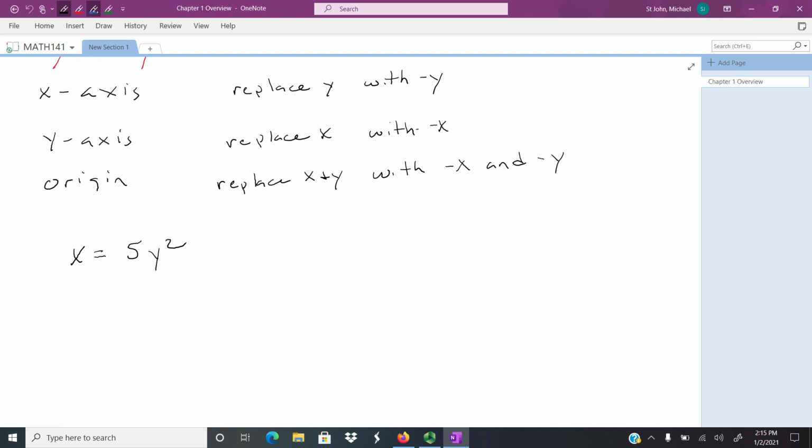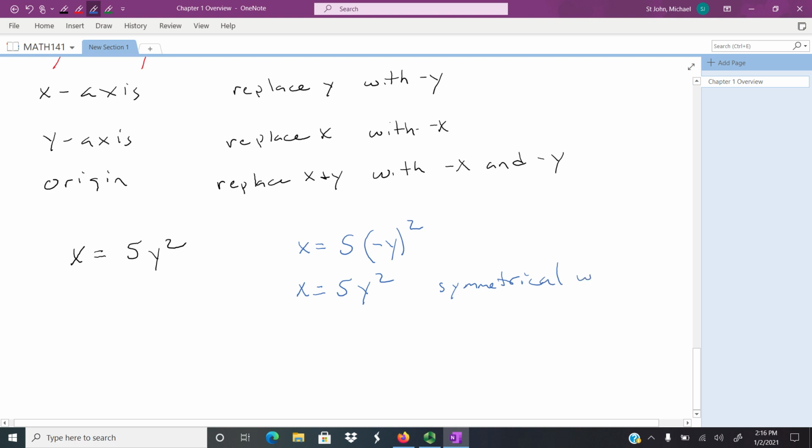So what we do is we replace the y with negative y. And so negative y squared is going to give me 5y squared. And those two equations are the same, so yes, it is symmetrical with respect to x.